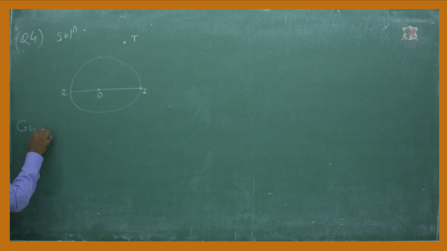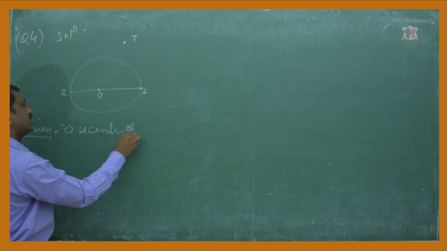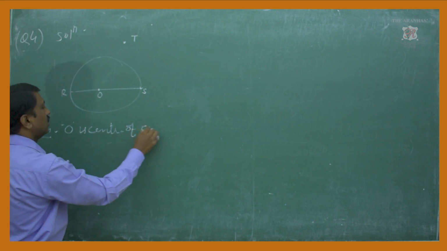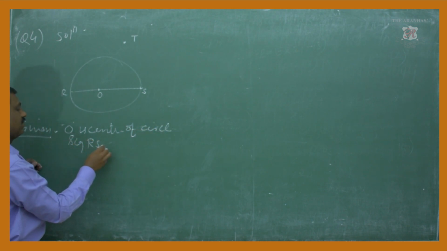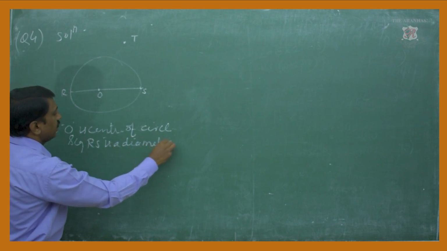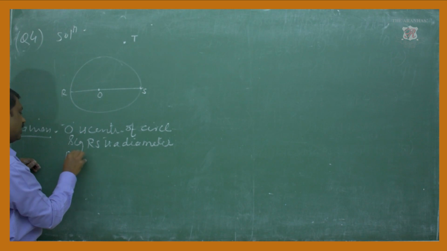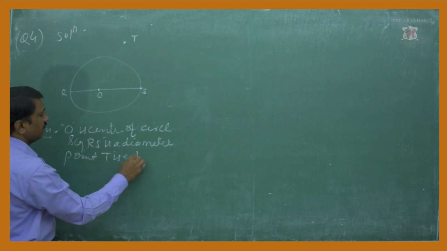Here as given: O is the center of the circle. Segment RS is a diameter. And point T is in the exterior.